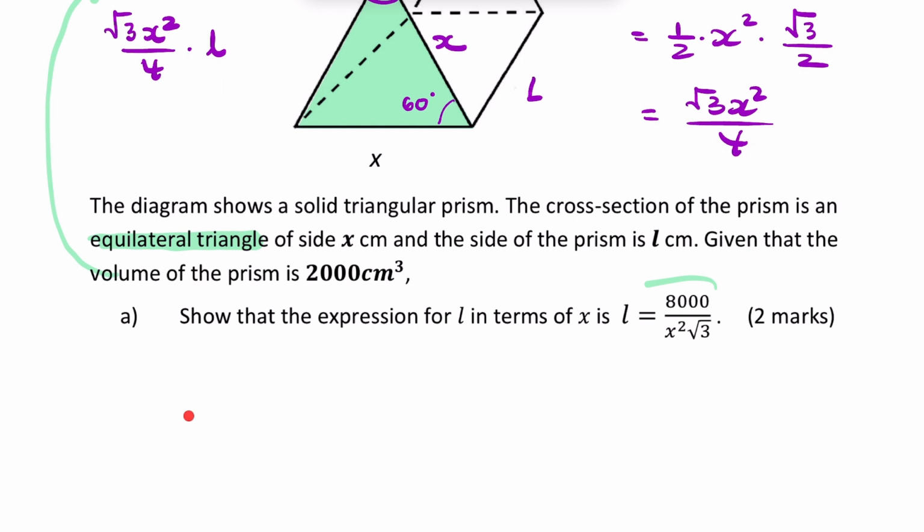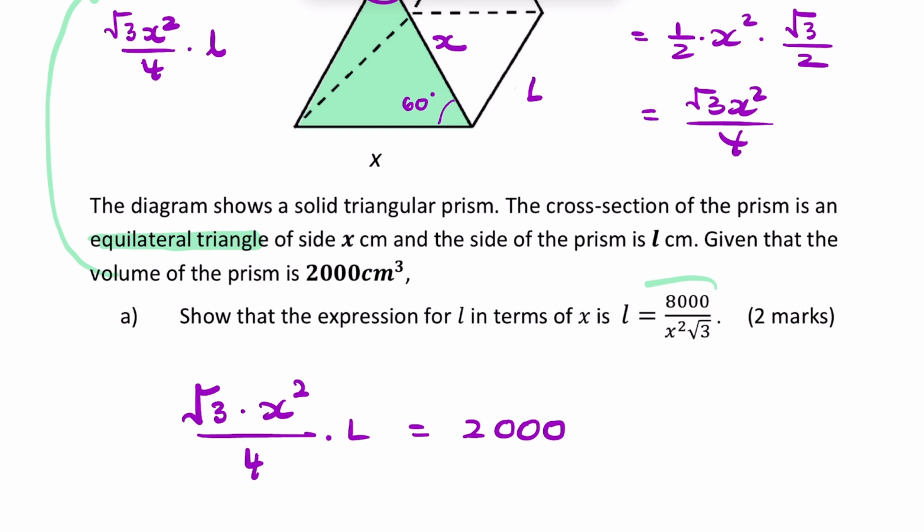So we can say root 3 times x squared over 4 times L equals 2000.